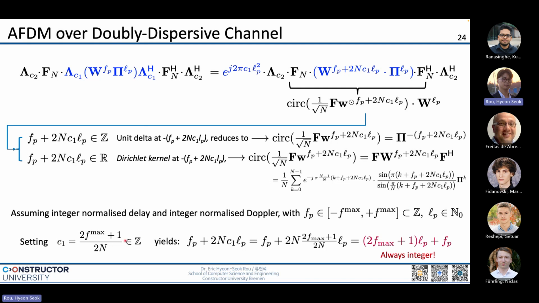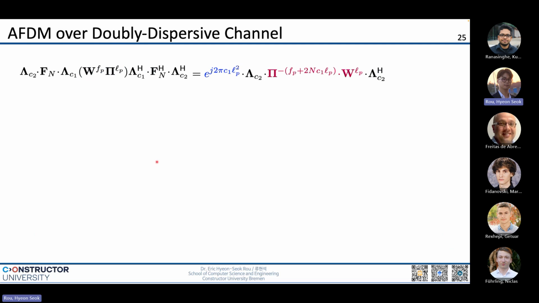So when we replace C1 by this, we ensure that for the integer Doppler case and the integer delay case, this shearing factor here, f of p plus 2n C1 of l, is always going to be an integer because we have now set the corresponding parameters. And that means that we always get the unit delta response, which means that we only get the deterministic shift based on the Doppler and the delay terms. So this is also one of the main conditions of the AFDM to ensure full diversity, as we'll see.